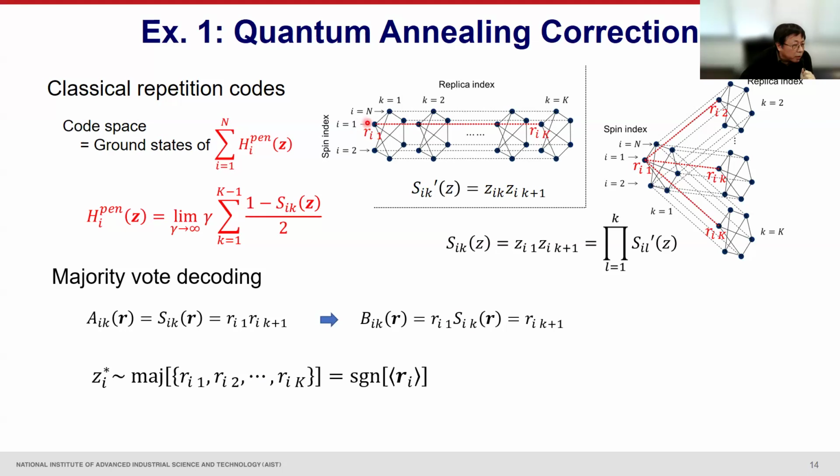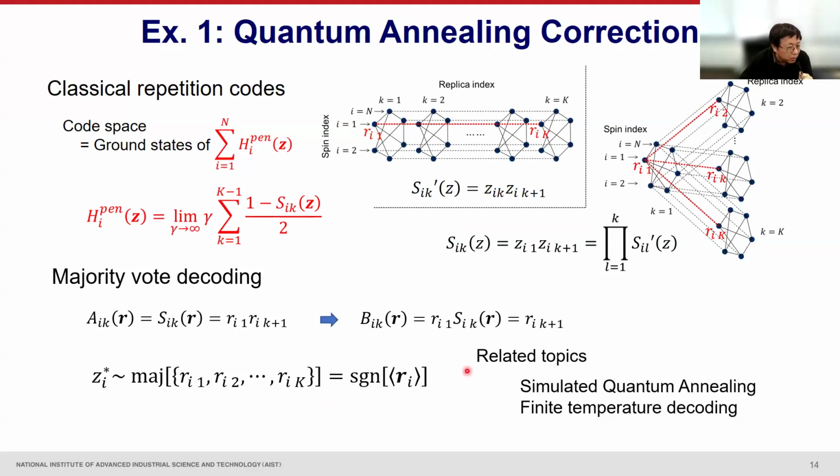Optimal estimate is a majority vote of readouts having the same spin index, index I, in every replica. This is consistent with our general belief.